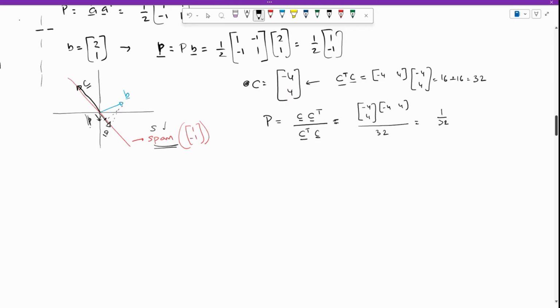It will be 1 by 32. The first term will be 16, second term will be minus 16, third term is minus 16, and this will be 16. Now, if you take the 16 out from the matrix, then you will get 16 by 32 times 1 minus 1 minus 1, 1, which is nothing but half.